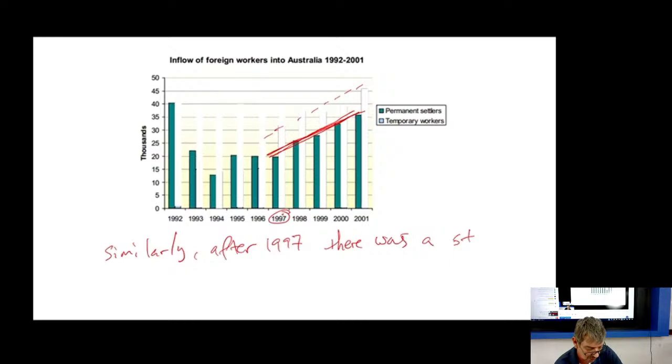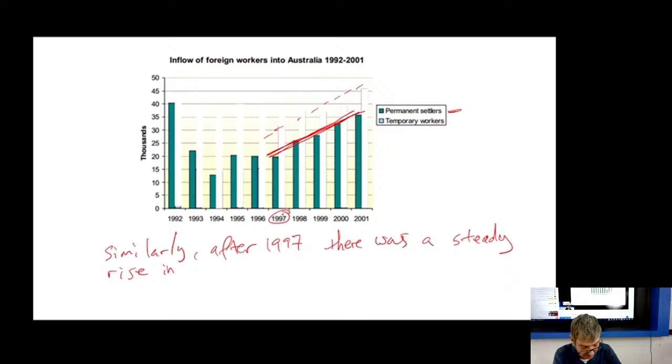Well, how does it go up? Is it slow? Is it fast? Is it somewhere in between? It's kind of slow, but a little bit faster than slow. So we can say steady. And then another word for increase might be rise. There was a steady rise in green, and green is the number of permanent workers.